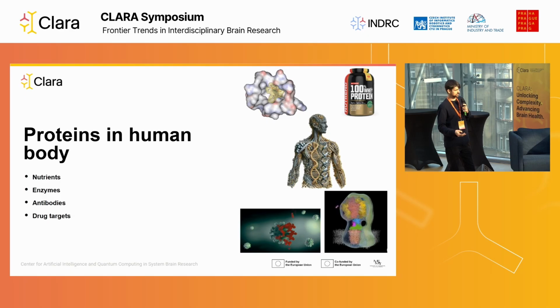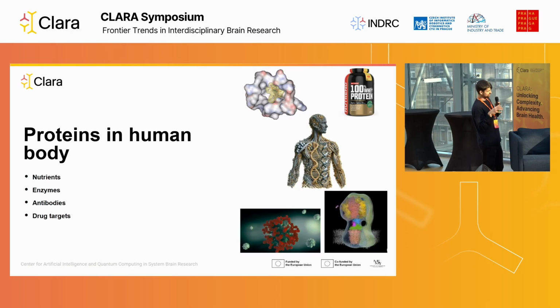Another important class of proteins is antibodies. We have an illustration here of antibodies attacking a virus particle. And antibodies are the weapons of the immune system, which are used to fight antigens such as viruses.